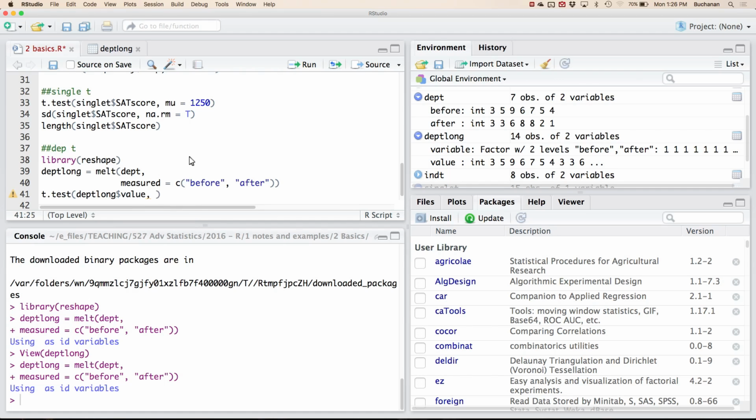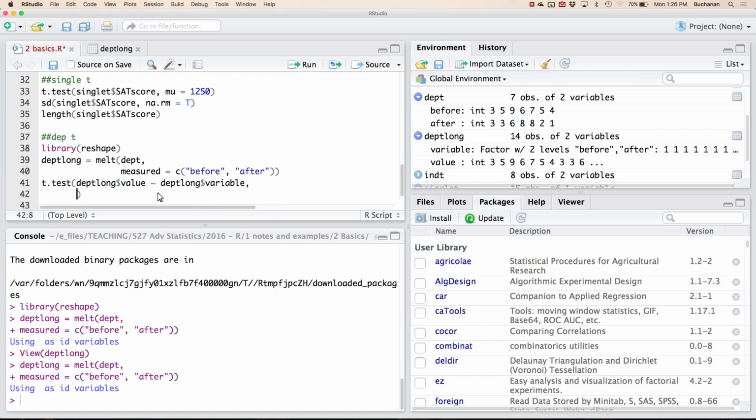It may not run actually. Oops, that's not a comma. It's a tilde. Sorry. It actually would run with the comma, but I don't want y'all to do that. So I got DV is approximately, so the tilde says approximate this with, as in calculate the match. Predict this one with this one. But it always goes DV, tilde, IV.